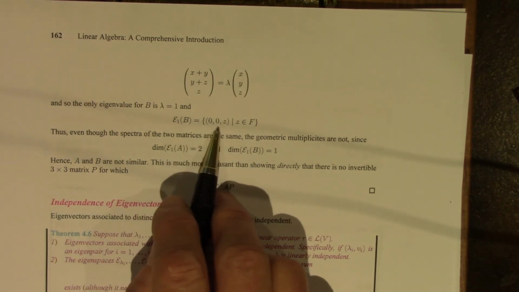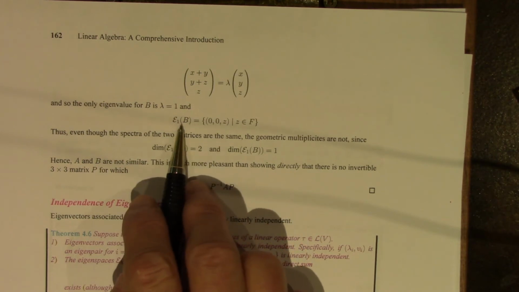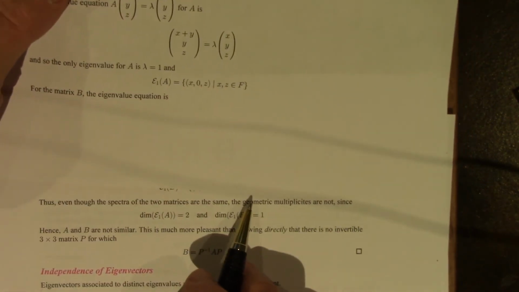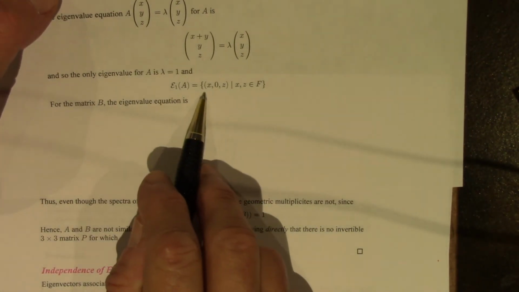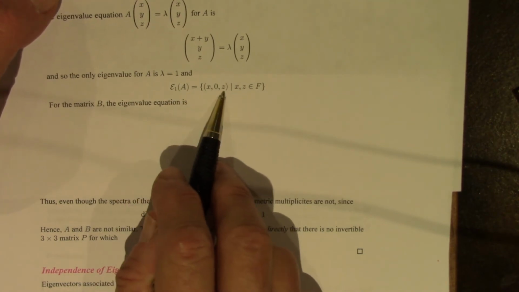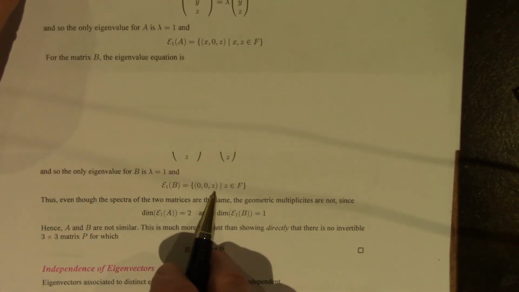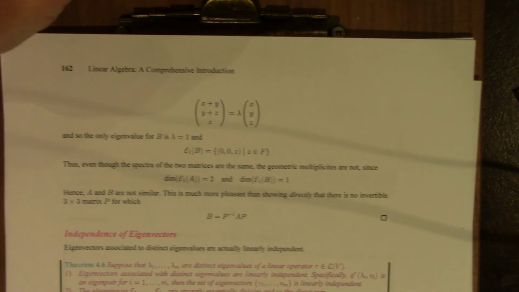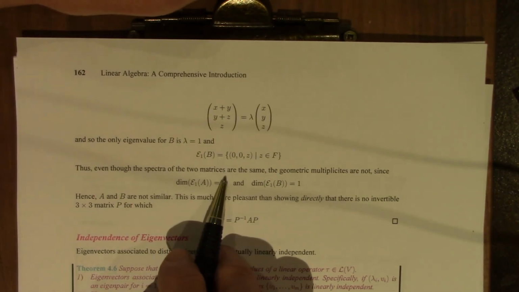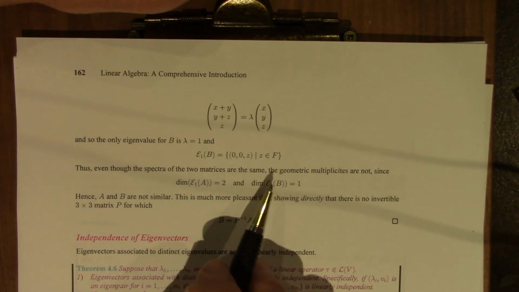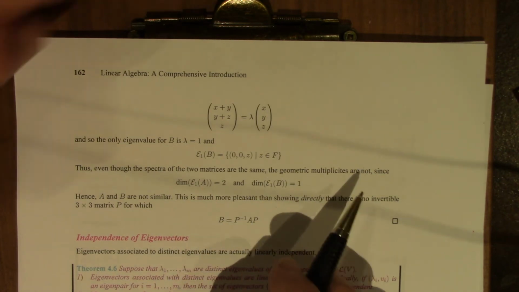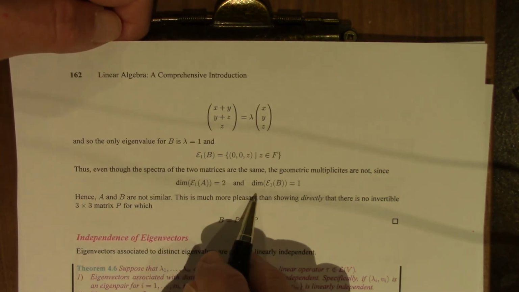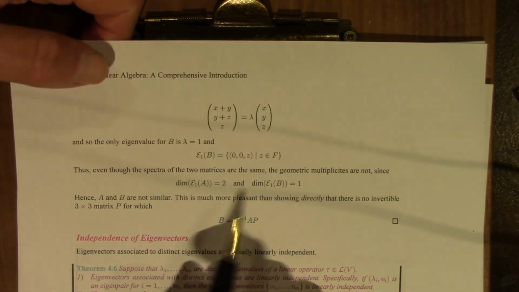but the eigenspace for B associated with 1 is one-dimensional. So let me try to get this back here again. Here's the eigenspace. For A, it's two-dimensional, same eigenvalue. This is one-dimensional. So even though the spectra of the two matrices are the same, the geometric multiplicities associated with the only eigenvalue are not the same, and so the two matrices are not similar.